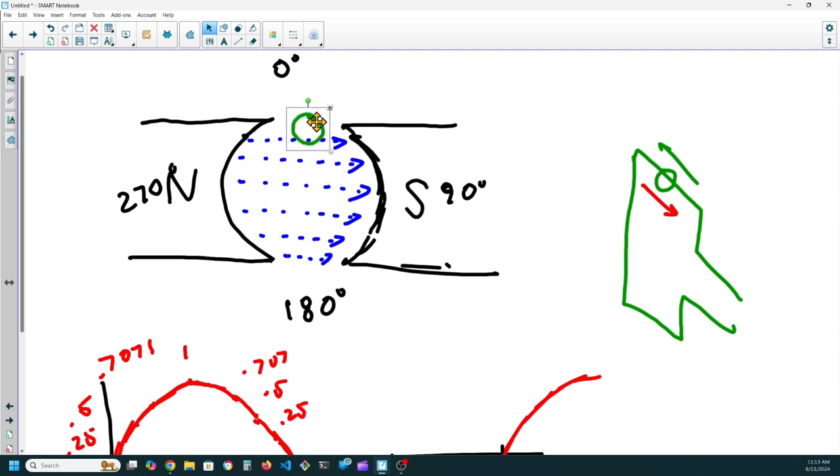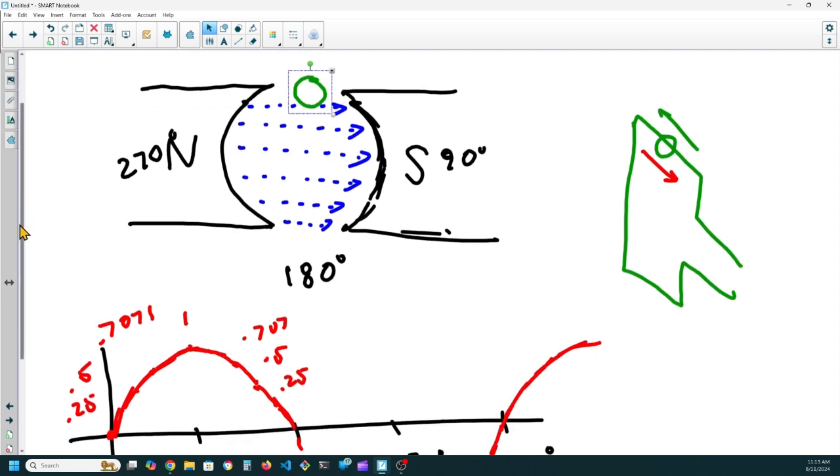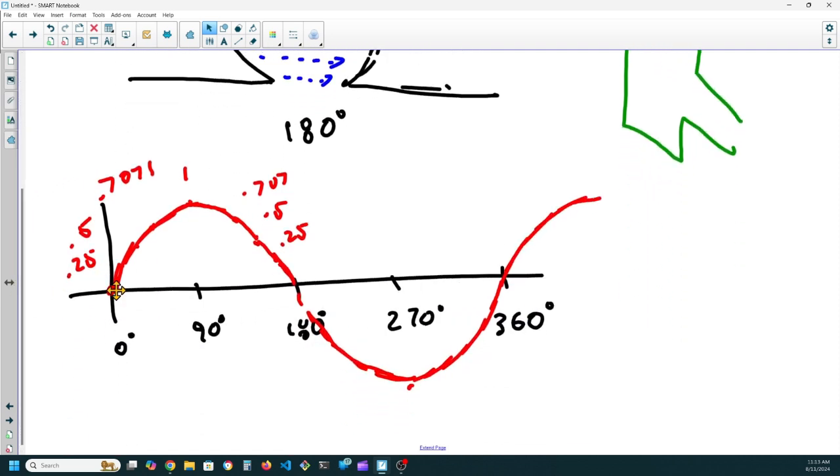So we go from 0 to peak positive, back to 0, and then we go to peak negative, and we go back to 0. And you can find those values by taking theta, whatever degree of rotation you use, find the sine of theta, and that's the value on this sine wave. That's why we call this a sine wave. It really is a graph of all the values of sine between 0 and 360 degrees.